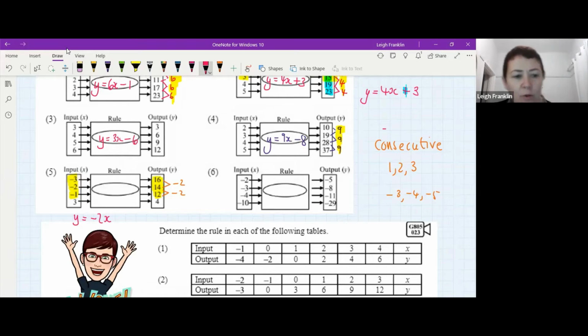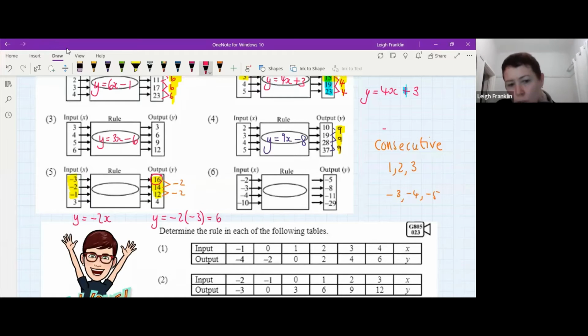Okay, so now you've got to see what it is that you're supposed to add or subtract. So if -3 goes in, like it does in the first case, we're going to take -2 and times it by -3. That means that we're going to end up with an answer of 6. But we don't end up with an answer of 6, we end up with an answer of 16.